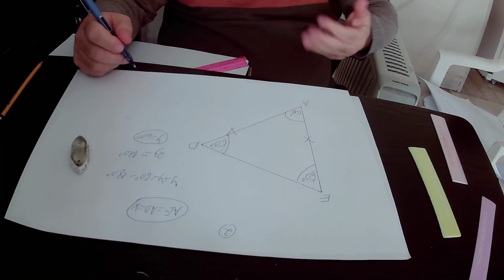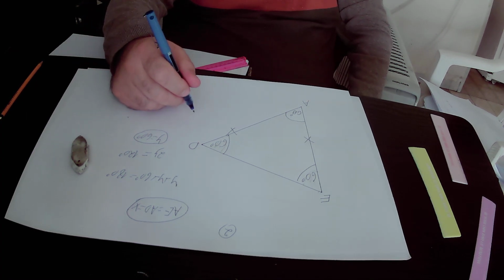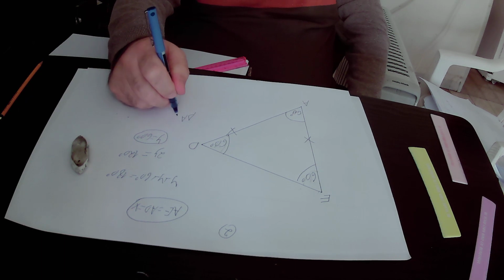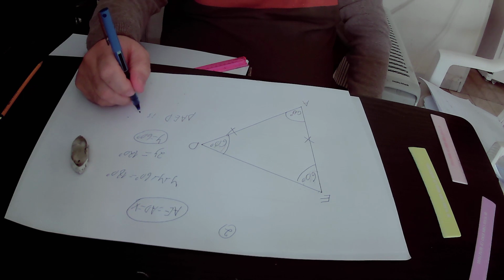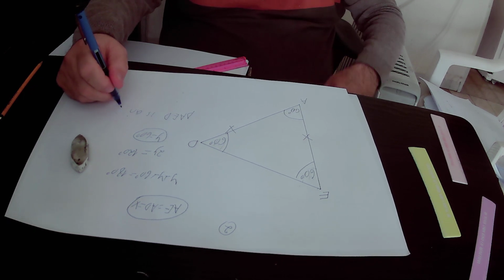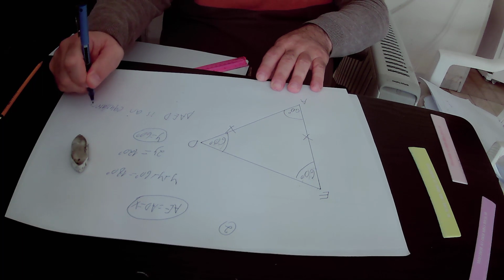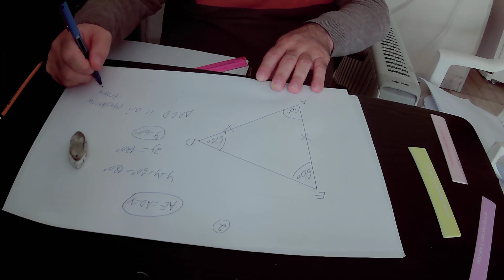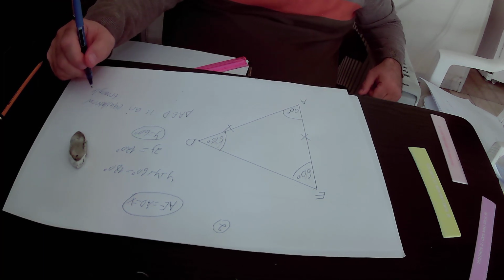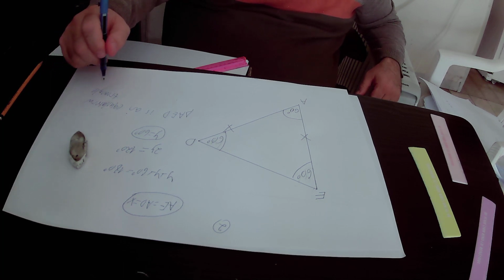You can see from the drawing that triangle AED is an equilateral triangle, that is to say, all of its sides are equal to each other.